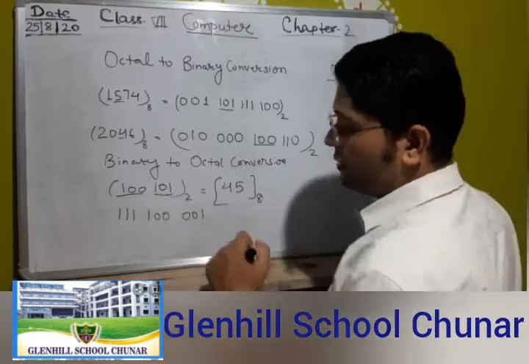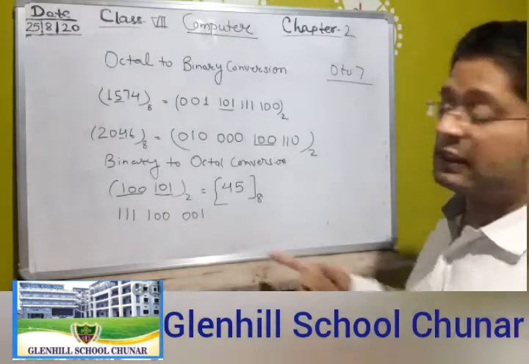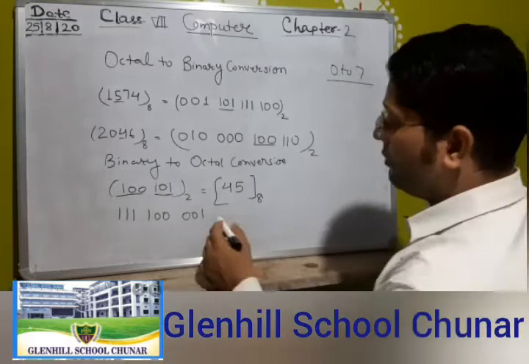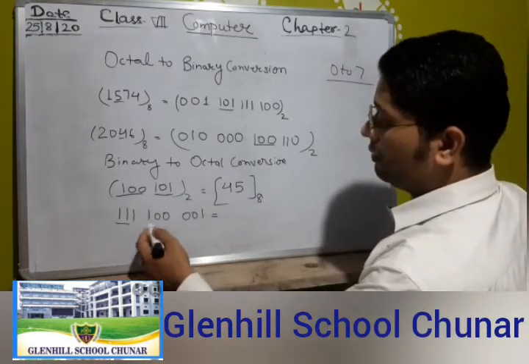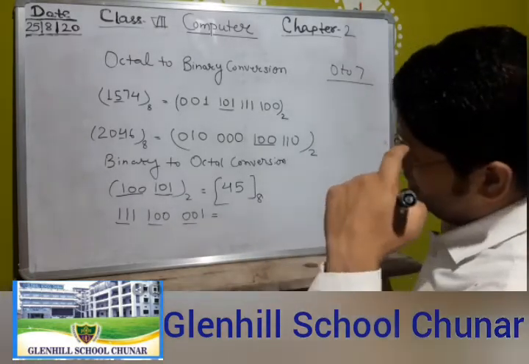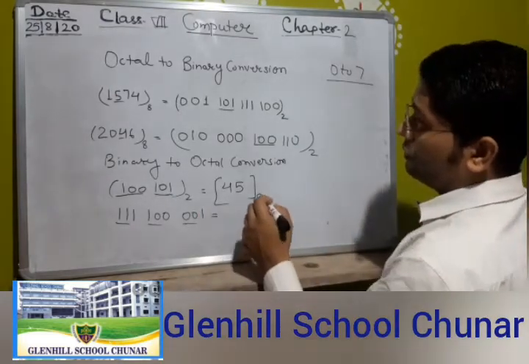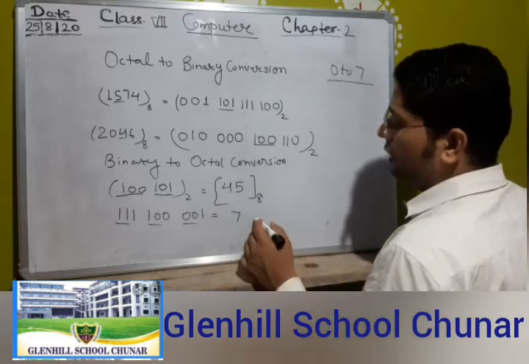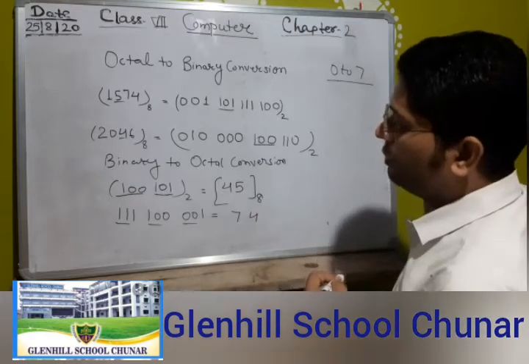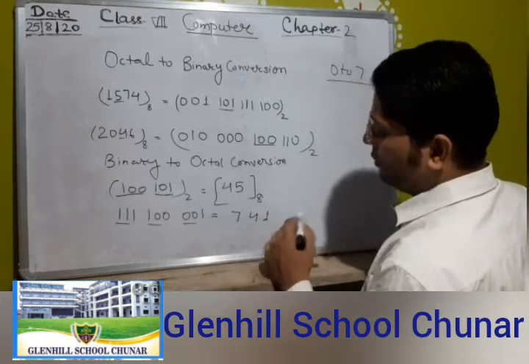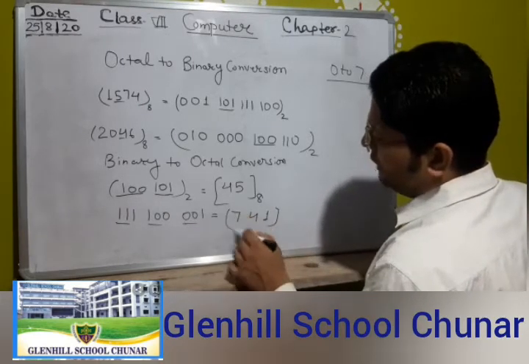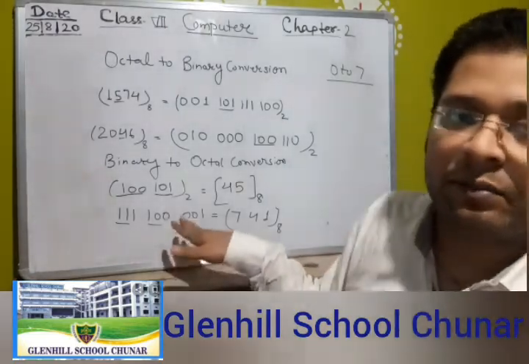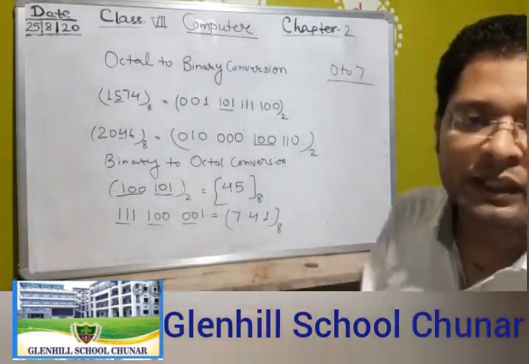This is a binary number, converting it. 1 1 1, the value of 1 1 1 is 7, and 1 0 0 has value 4, and 0 0 1 has value 1. So 741 is the octal number of that binary number. Okay, students, clear?